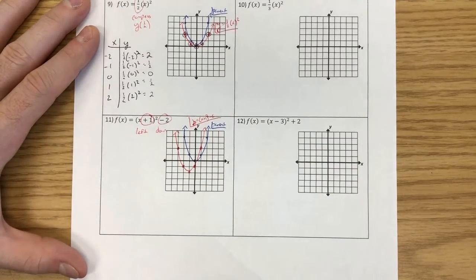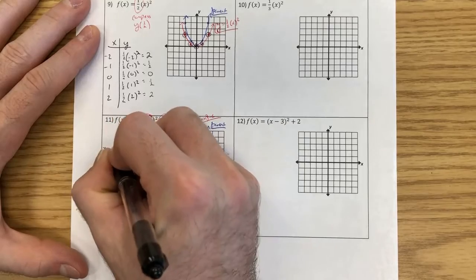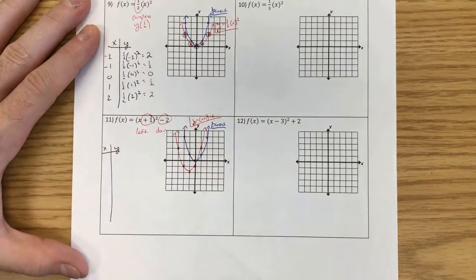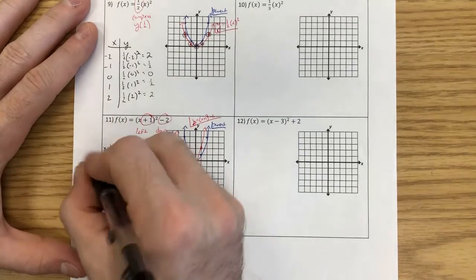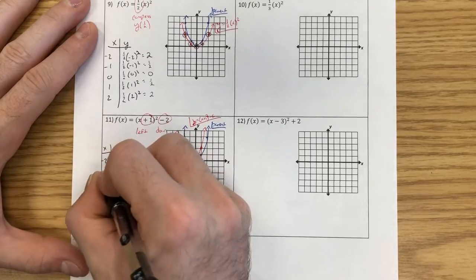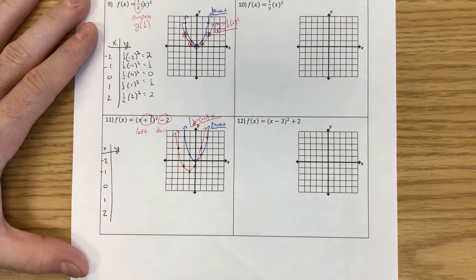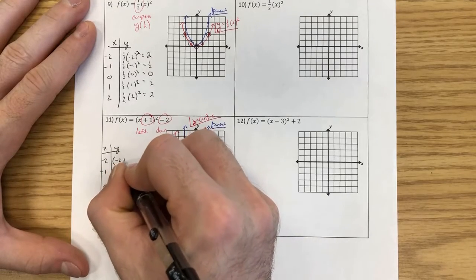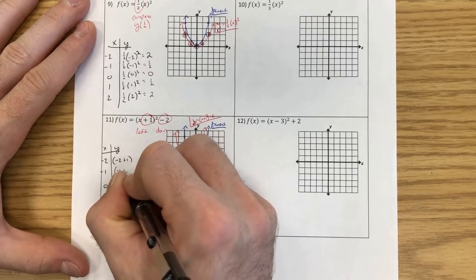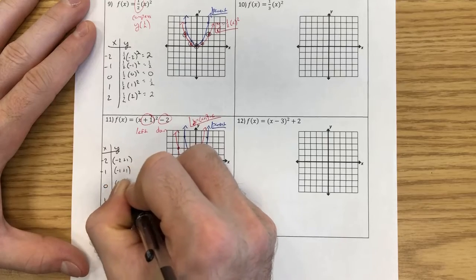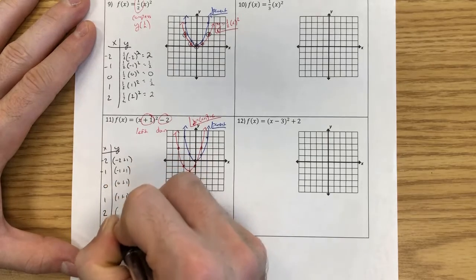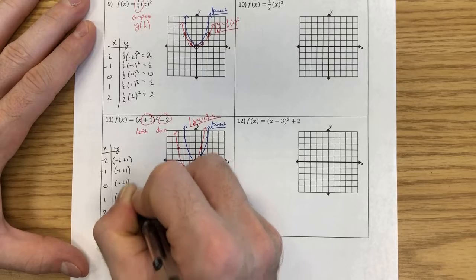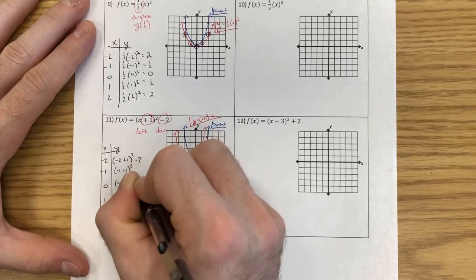Perfect. And so if we check our work, let's go ahead and double check. If I plug in -2, -1, 0, 1, and 2, I get -2 plus 1, -1 plus 1, 0 plus 1, 1 plus 1, and 2 plus 1, squared all the way up, -2.